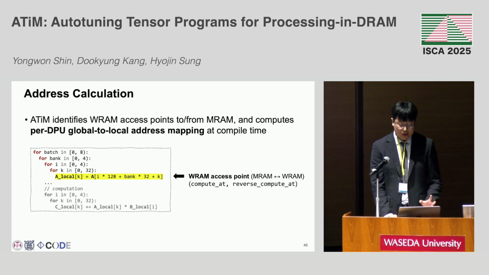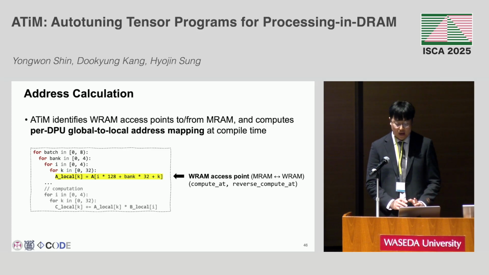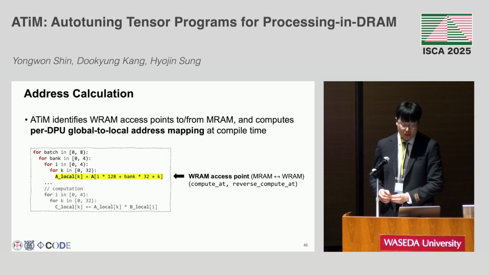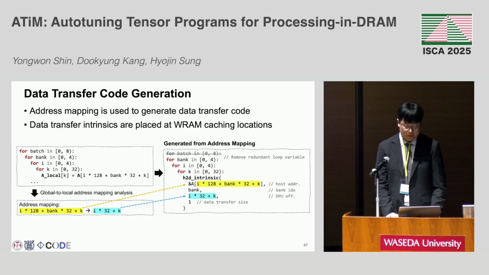At this point, because MRAM uses global host addresses while WRAM uses local addresses for each DPU, ATiM can calculate at compile time how each global address should be translated into the corresponding local address. So data transfer code can be generated using this address mapping by placing data transfer intrinsics at the WRAM caching location.